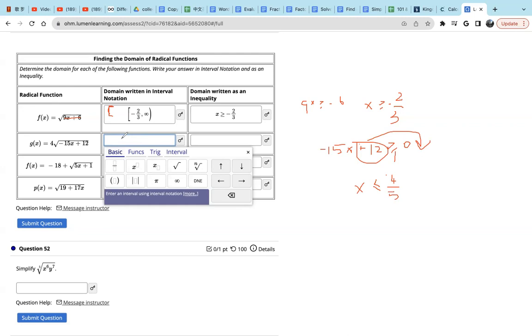So using interval notation, we write it starting from -infinity. Oh, I have parentheses here. Oh no. I choose this one. -infinity. Sometimes it works, sometimes it doesn't work. I don't know. Did I pick this one? Okay, let me.